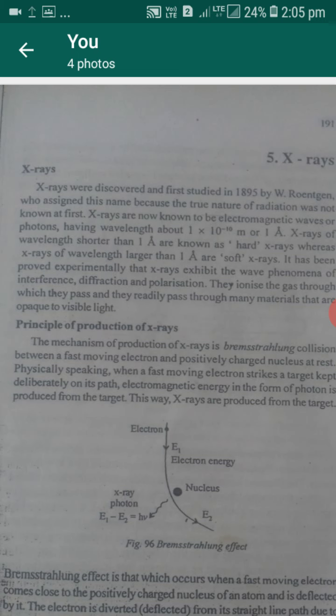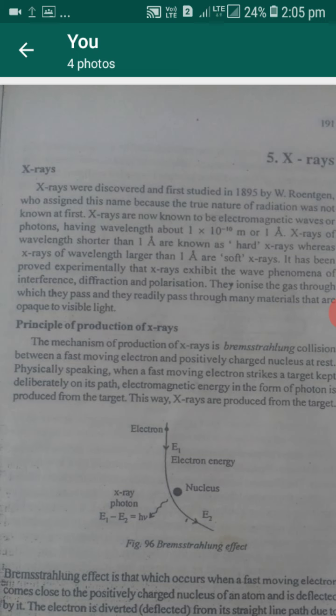Then the Bremsstrahlung effect. This occurs when a fast moving electron comes near the positively charged nucleus, then the path of the electron is deflected or decelerated. It is diverted from the straight line path and energy is emitted as a photon.